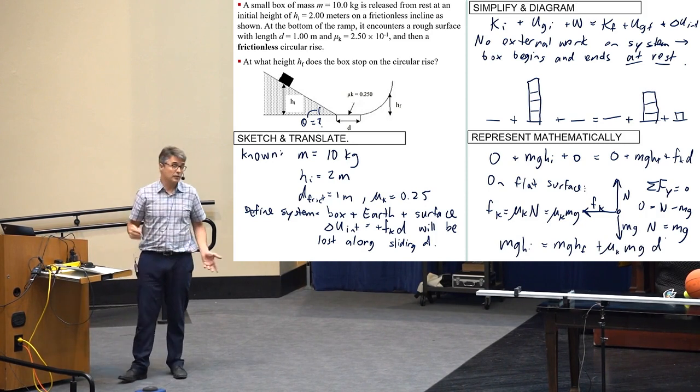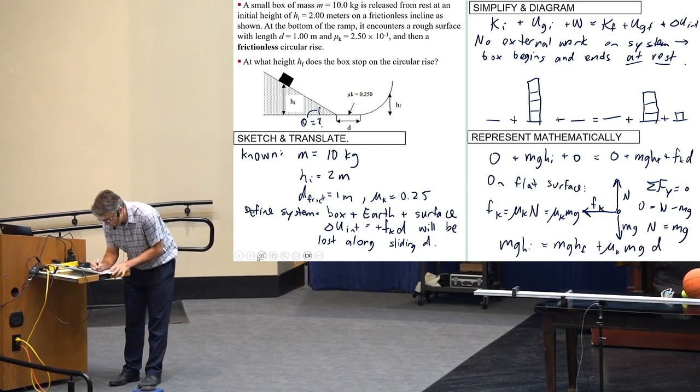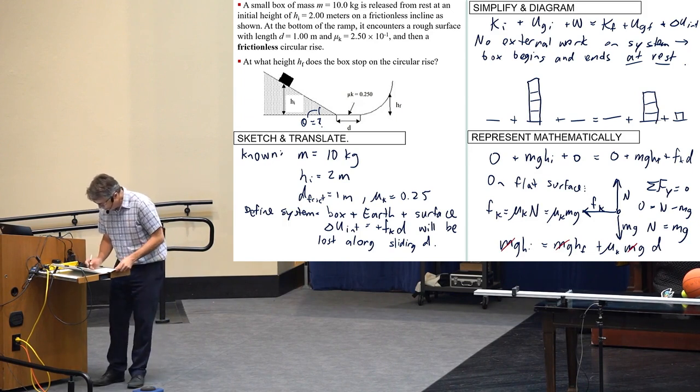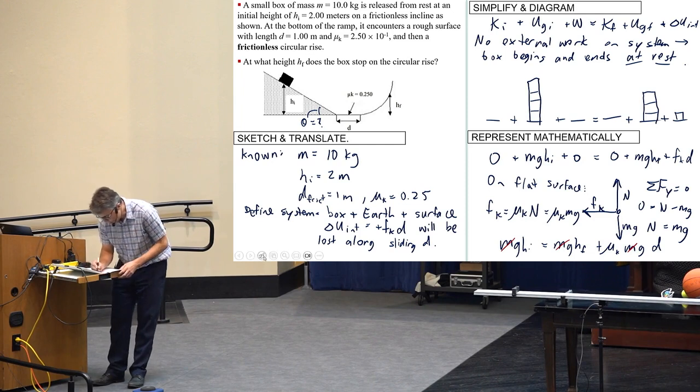And there's an m in every term there, so I can divide both sides by m. So that 10 kilograms turned out not to matter. And now I can divide both sides by g too. There's a lowercase g in every term as well. Let's divide by g.